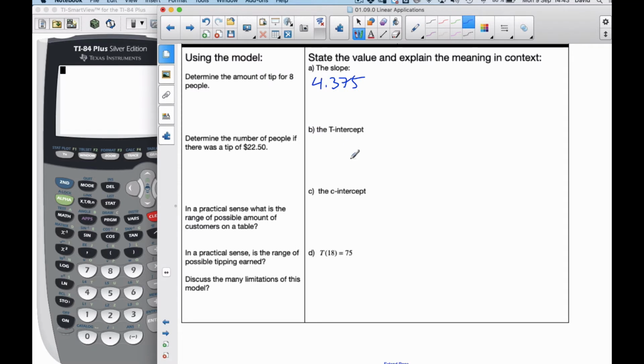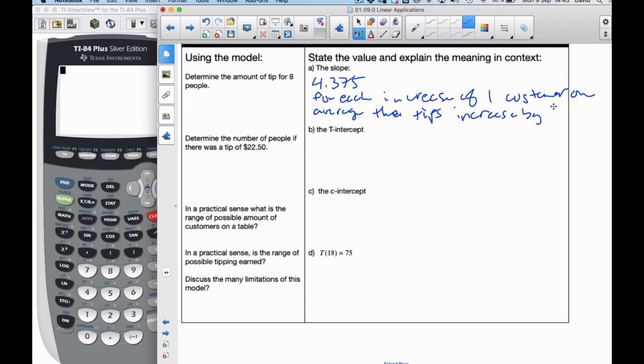So if I write this out, it's going to be for each increase of one customer, on average, the tips increase by $4.37, which is not even a full penny, but that's on average.